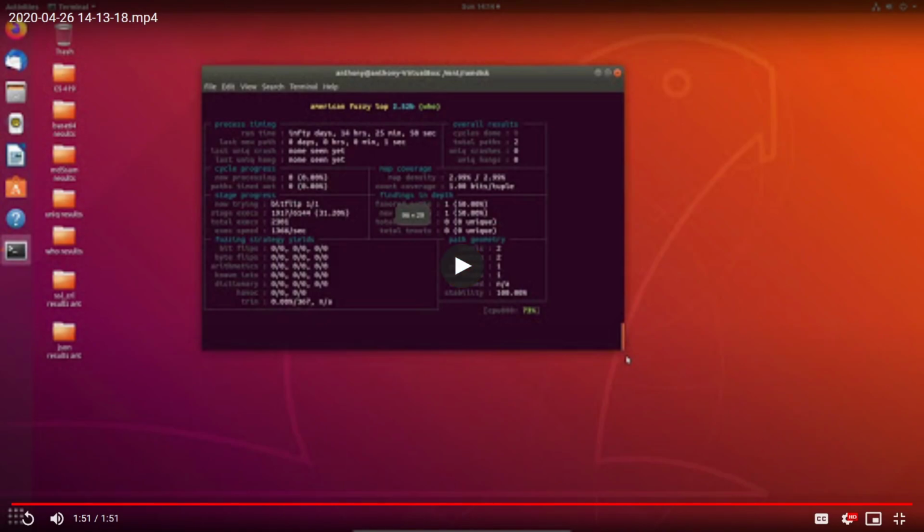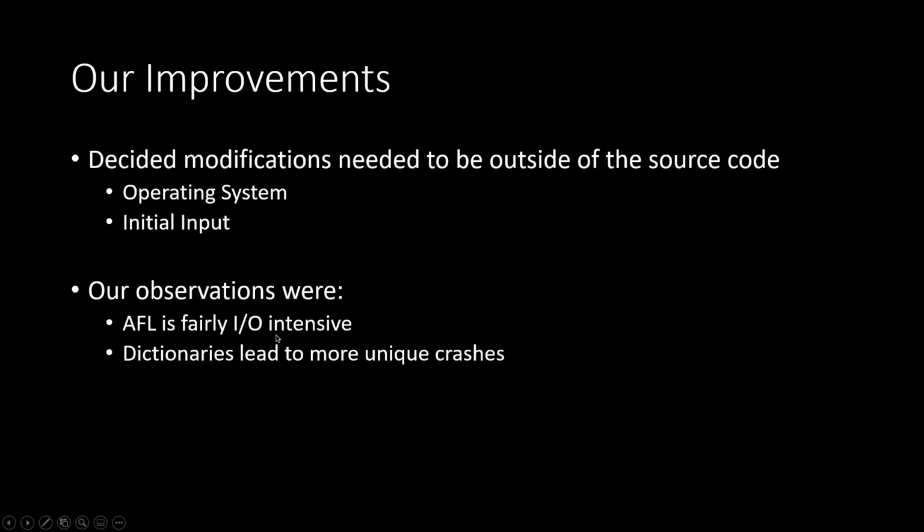So now I'll go back into the actual explanation of some things. I'm going to discuss now what we decided to improve. After an extensive amount of research, we landed on the idea that AFL is maintained by professionals in the field who dedicate years of their lives to researching extensively.